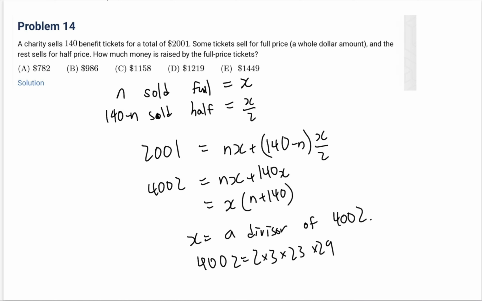And so what we're looking for is XN, right? So XN is 4002 minus 140X. Yeah, so it's 140 times 20.